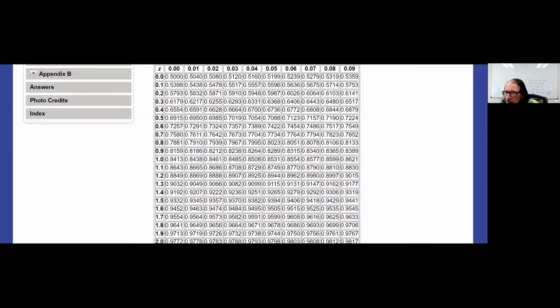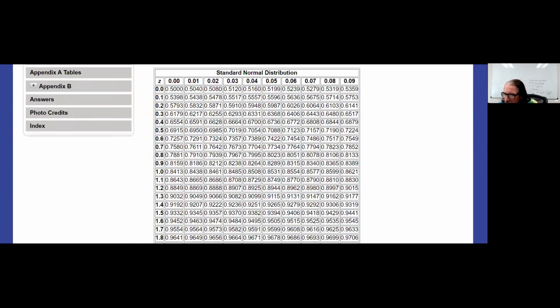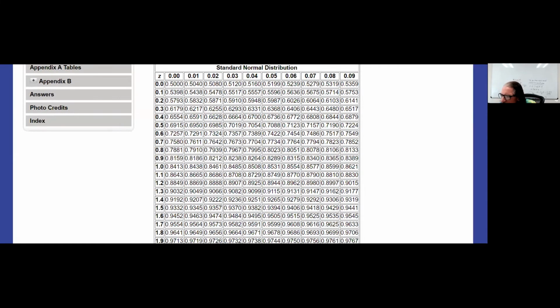Our 1.97 is right here, 0.9756. Back to the left of that, we have an area of 0.9756. Double checking that. Yep.